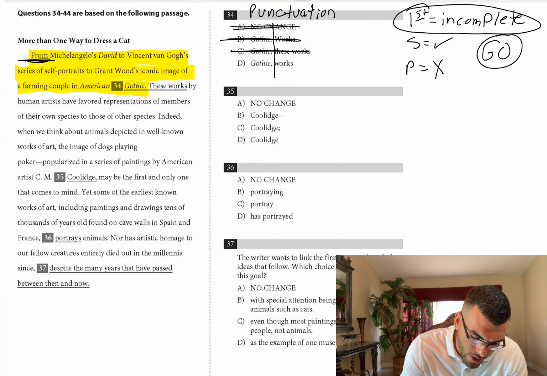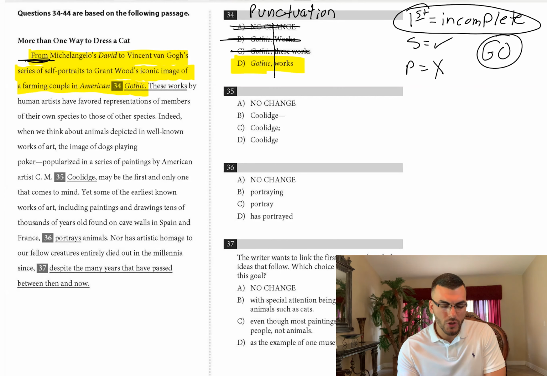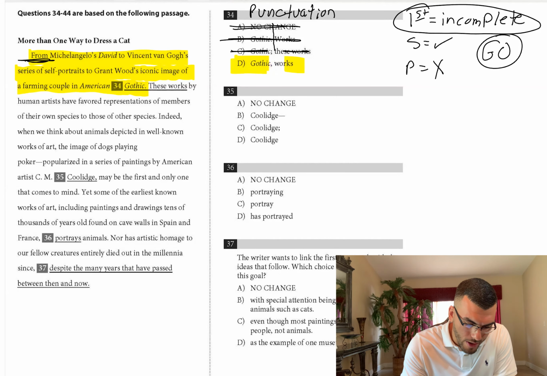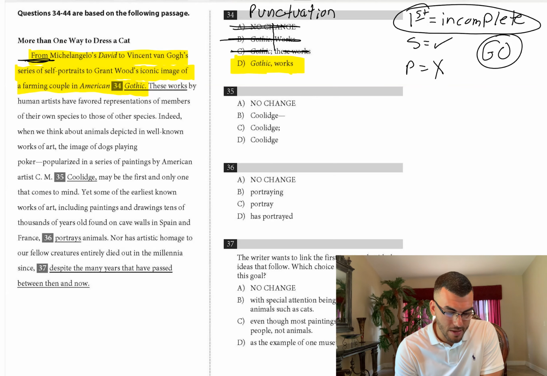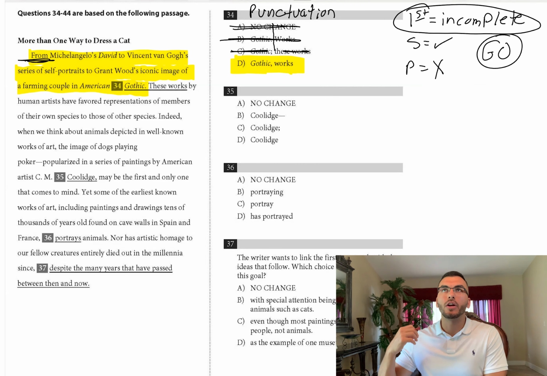Therefore, by default, we don't even need to check the second sentence. Choice D is correct. Choice D is a comma, not followed by a FANBOYS. Therefore, choice D is the best answer. So that's using commas in go punctuation. Let's look at the other and final two uses of commas on section 2.